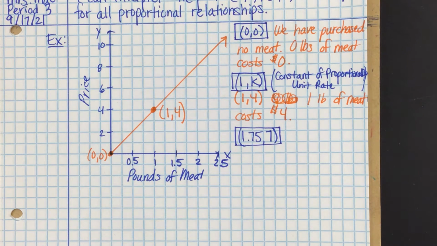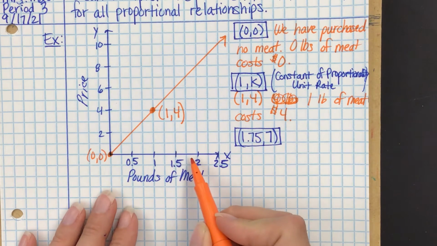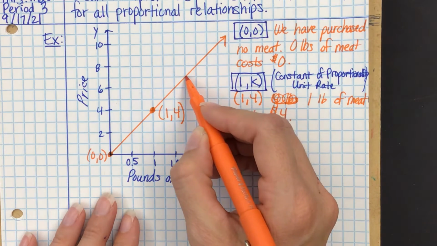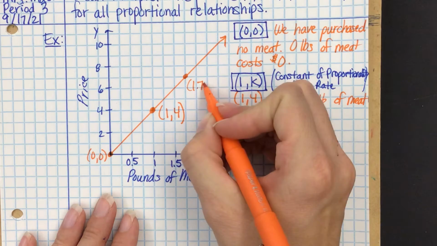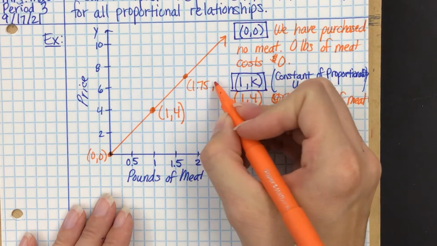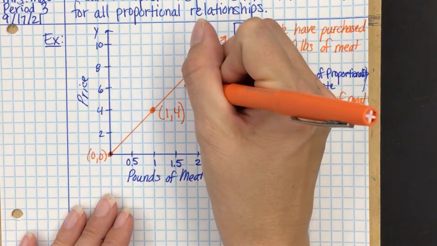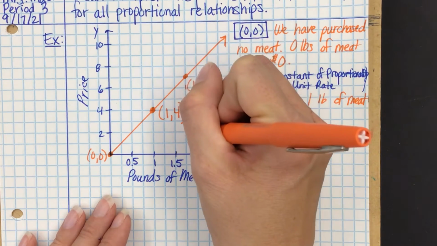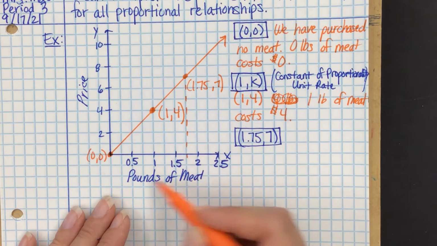But it's also important to be able to interpret any point on the graph. So we're going to find this point, 1.75 and 7, and it's right here. If you are unsure of how to interpret this point, I would recommend taking a look at the axes. I go down and I see that this is pounds of meat.